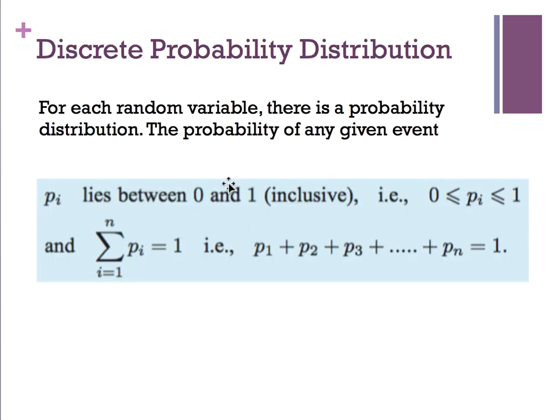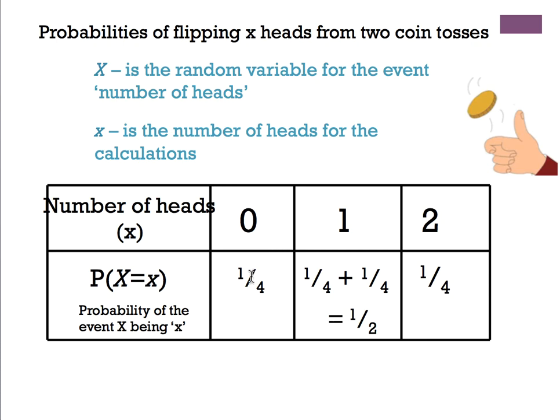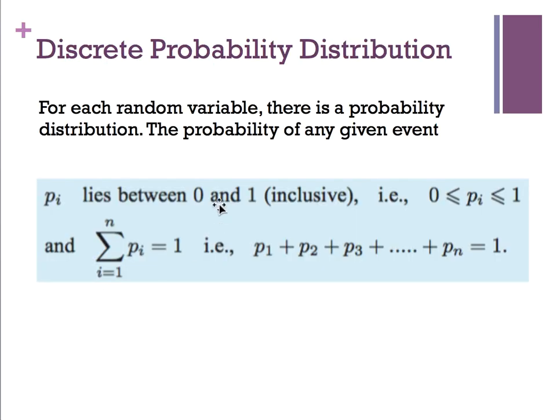If you look at this, if you get the sum of all the probabilities, 1/4 plus 1/2 plus 1/4, that is equal to 1. And this actually gives us this very important concept.